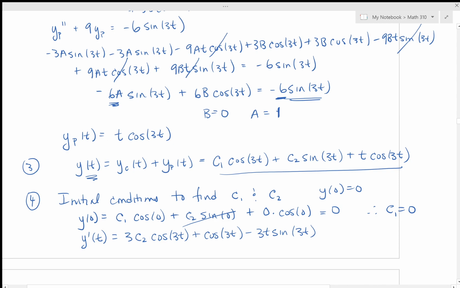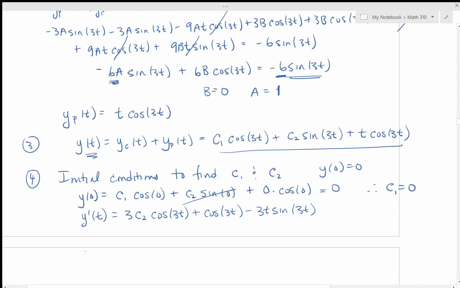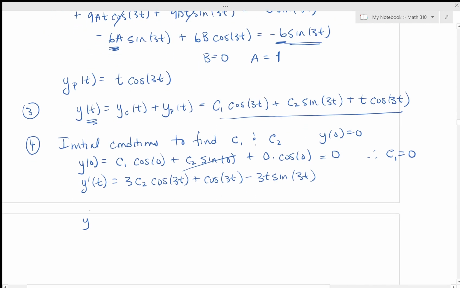And then I evaluate that at 0, and I know that that is supposed to be equal to 1 because that's my initial condition, and I get 3 C2 cosine of 0 plus cosine of 0 minus 0.